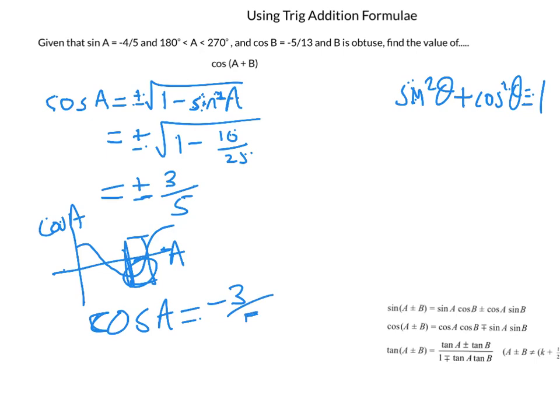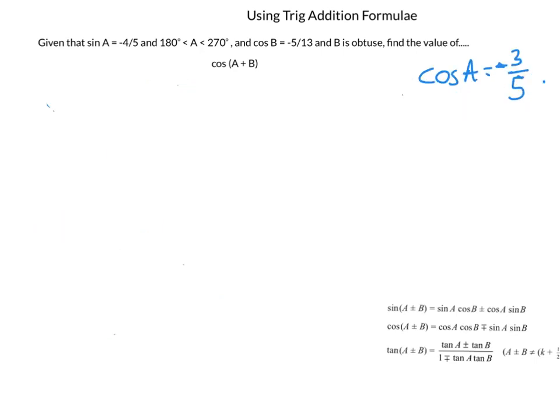Negative 3/5. Okay, so we've got cos of A is negative 3/5. We've worked out using sine squared plus cos squared is 1. And we've also decided it's negative because cos is negative between 180 and 270, where A is.